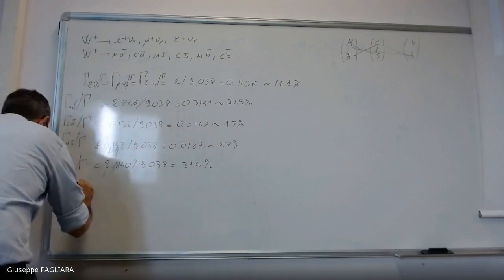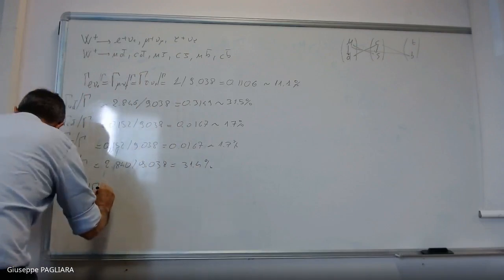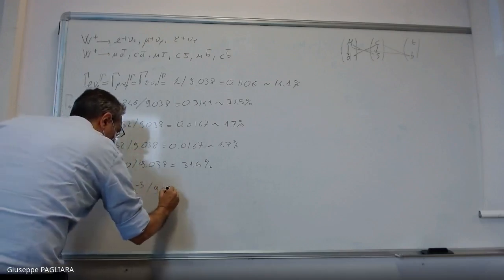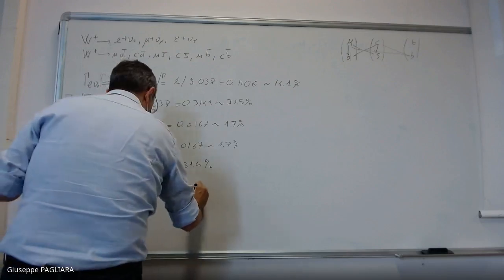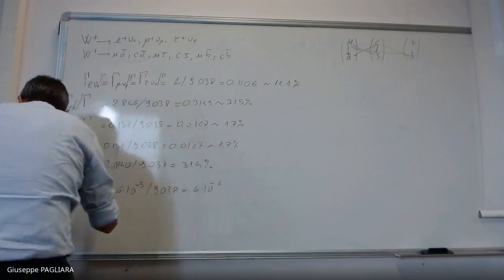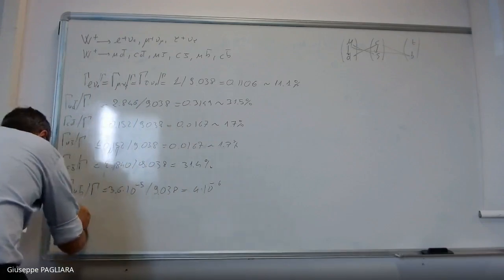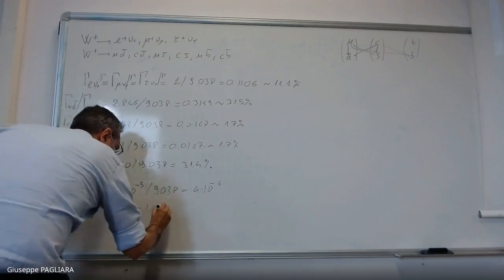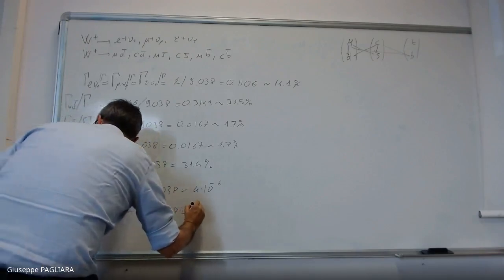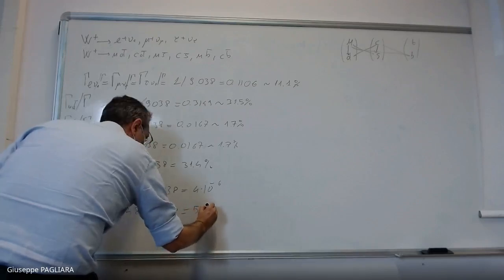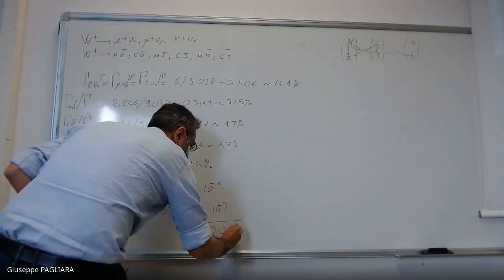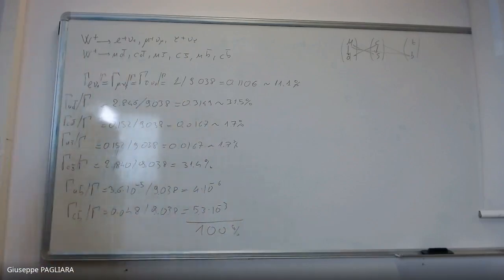Γ for ub̄ divided by the total Γ is 3.6 × 10^-5 divided by 9.038, and this is 4 × 10^-6. And finally, Γ for cb̄ divided by Γ is 0.048 divided by 9.038, which is 5.3 × 10^-3. The sum is, of course, 100%, because we are considering all the possible decay modes.